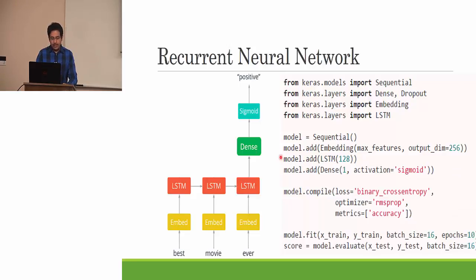Right after that, we have a dense layer. Since it's just a binary classification, we have one neuron, and the activation is sigmoid, which converts the value to between 0 and 1. Then we compile it just like we do for a CNN. We use loss functions, optimizers, and metrics. We train it with model.fit by giving X-train and Y-train, specifying batch size and epochs, and then evaluate it.